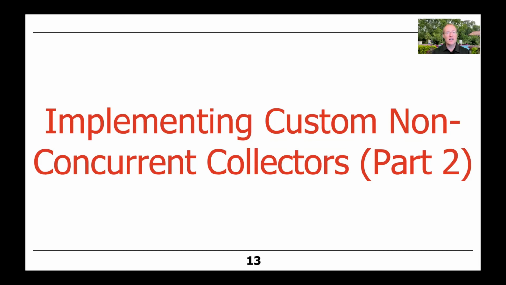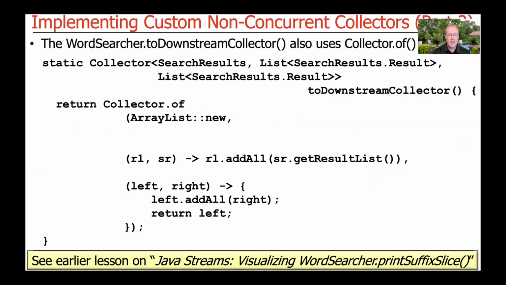Okay, let's now take a look at another example of implementing a custom non-concurrent collector. And this one is something I also mentioned somewhat obliquely back a number of lessons when we were talking about the wordSearcher printSuffixSlice method. We talked about visualizing it, and we could also go look at the implementation part as well.